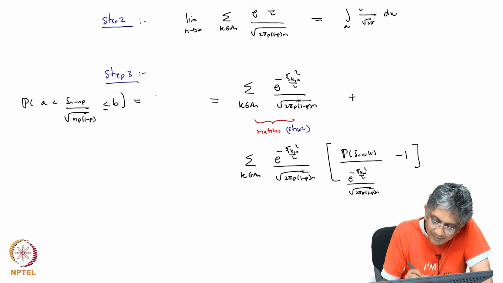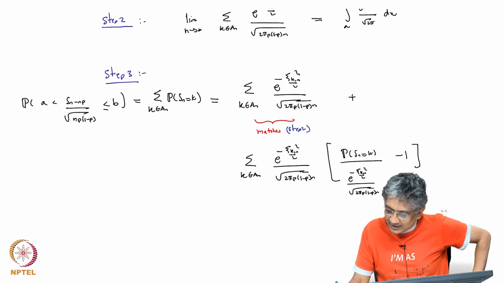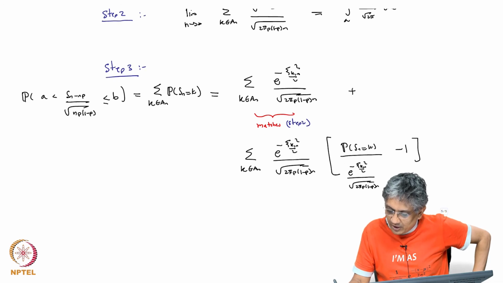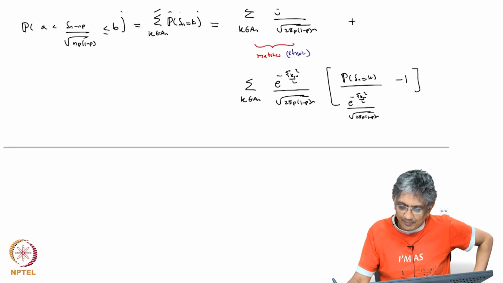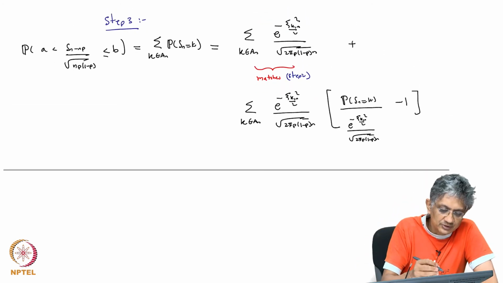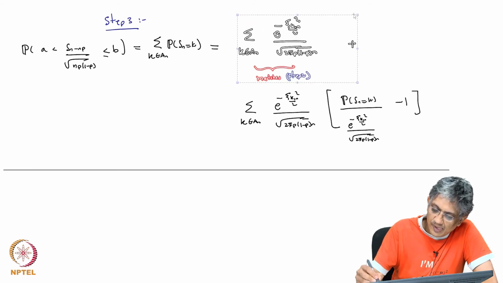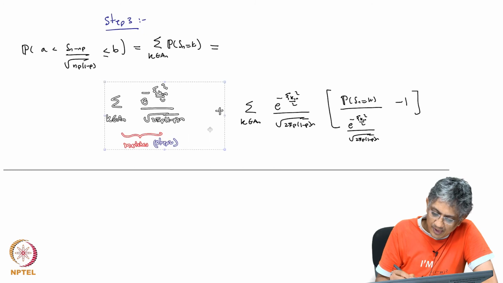The sum over k in A_n of the probability S_n equal to k is equal to this plus this, right? So now all I'm doing is, I know one looks like step 2. All I'll have to just point out to you is that the last guy looks like step 1. Okay. Right. So maybe I'll just move this down so it's all clear in the notes at least. Very good.